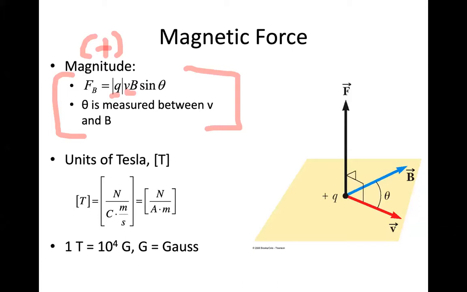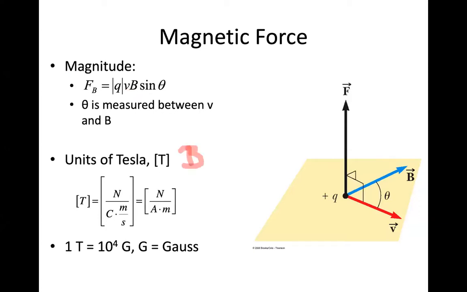Let's look at the units real quick. Okay, so the units of the B field, not of the force. We know the units of force. Force always has units of newtons because, you know, Sir Isaac. So let's look at our units on this Tesla here. Magnetic force has units of newtons.